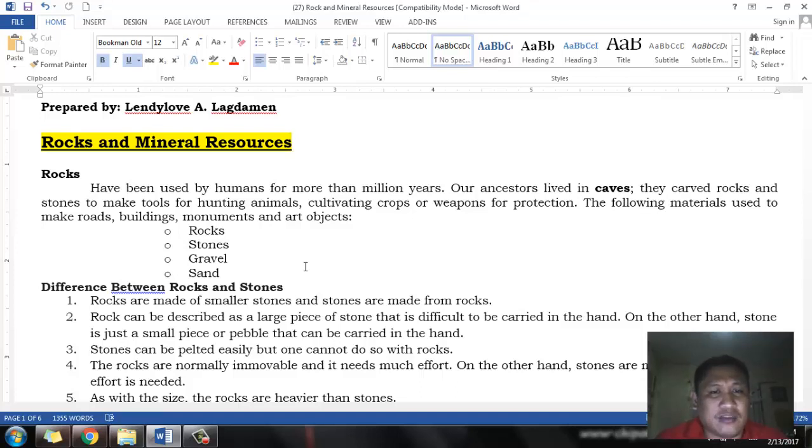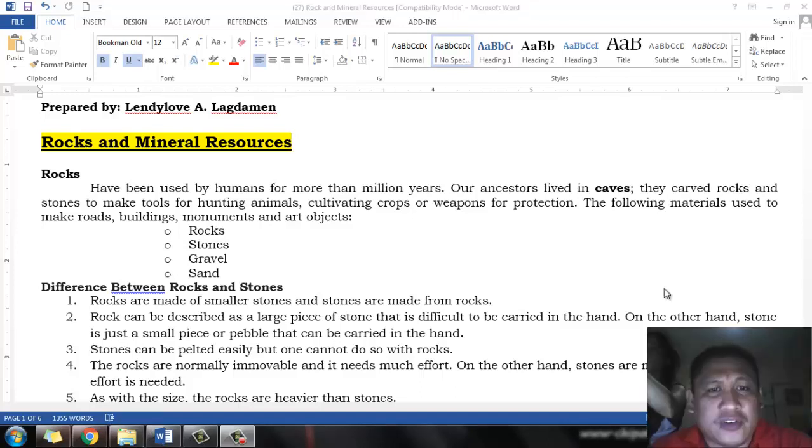Basically, humans have been using all of these rocks and stones, even sands and gravels, for several reasons. Some of them are used for construction purposes. For more than a million years already, our ancestors lived in caves and carved rocks.